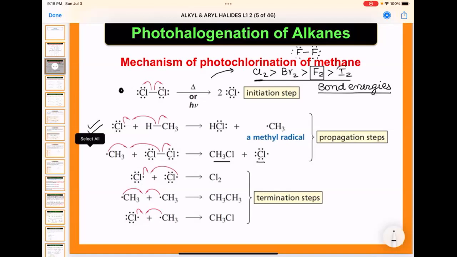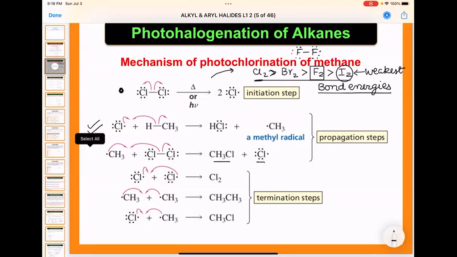Okay. So iodine is the weakest bond. If bond energy is less, the bond is going to break very easily. And if the bond is going to break easily, the reaction is going to take place very easily. And if the rate is dependent on the first step, which includes the breaking of halogens, and the halogen bond energies I have already given to you, chlorine has the maximum bond energy.